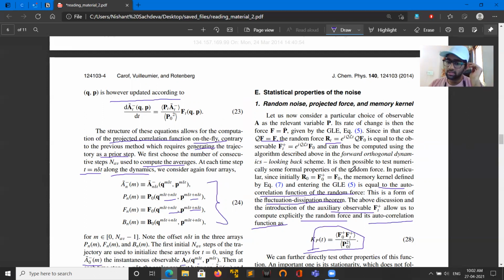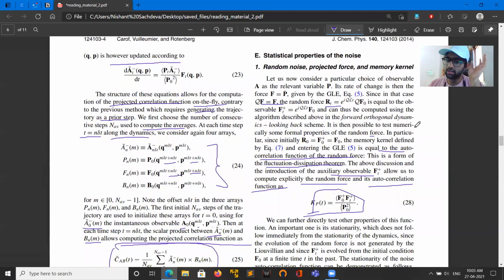Since we can do all that, it is then possible to test numerically some formal properties of the random force, which is cool. In particular, since initially R naught is F naught plus, the memory kernel defined by equation 7, which enters the GLE, is equal to the autocorrelation function of the random force.